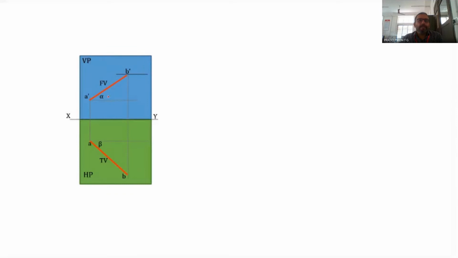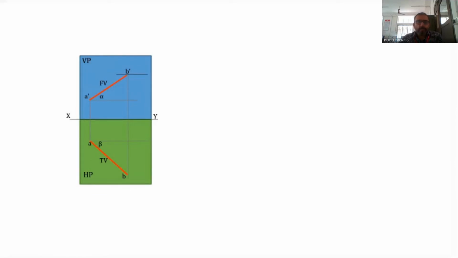That is, alpha will always be greater than, or at least equal to theta. Alpha will be equal to theta only when the top view ab is parallel to the XY line. That is, when the line becomes parallel to VP, then the top view becomes parallel to the XY line. Then the front view will give you the true length as well as the true inclination.